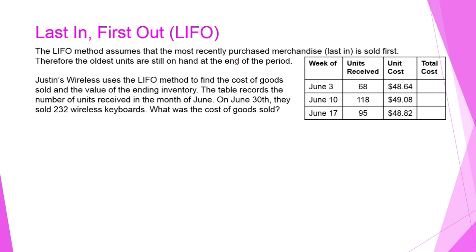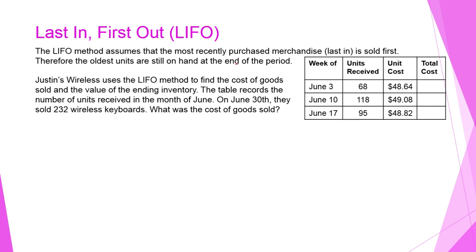You're standing where the customers buy items and you're putting in the new product. If you use FIFO, that means you're going in the back and you're stocking from there. So keep that in mind. That's how you understand if Fry's uses first in, first out or last in, first out.